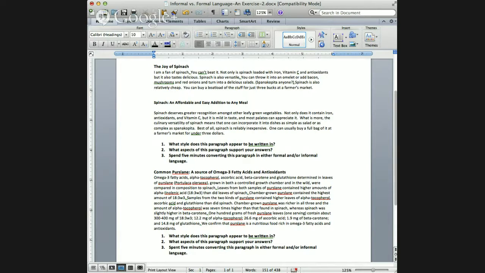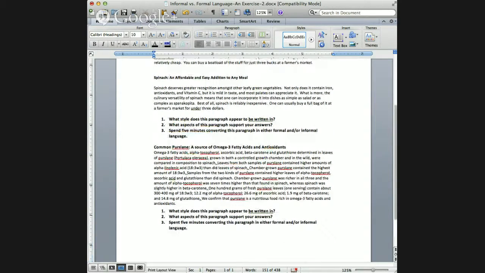That would be a device for cohesion that we discussed last week. Same thing happens here, it, best of all. Spinach, the it harkens back to the spinach. I think you get the picture.